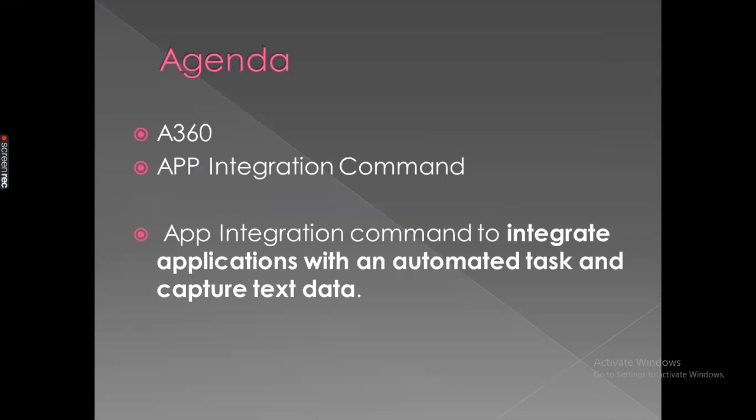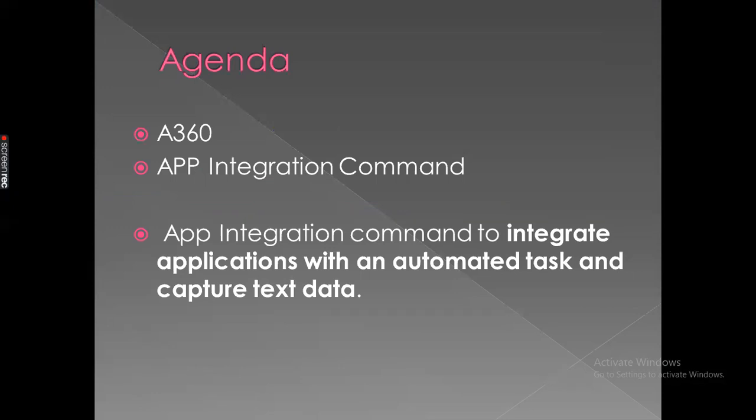Today we are going to learn the app integration command. By using the app integration command, we can read text from different applications, browsers, and surfaces. Let's suppose I want to capture some data from Citrix automation, client applications, Windows applications, or web applications.